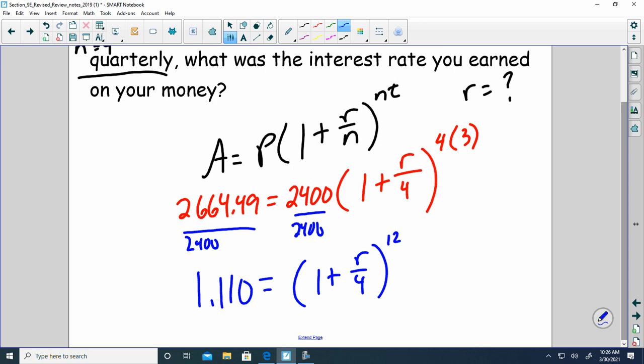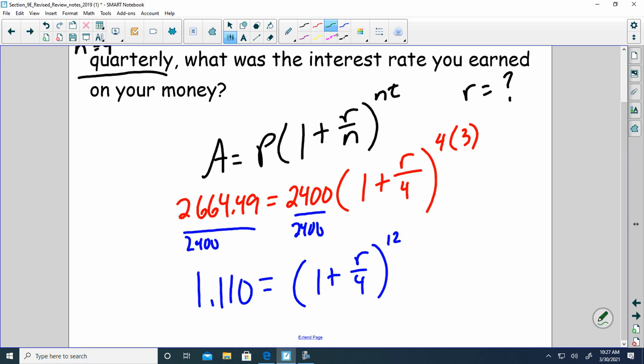Thoughts? What should we do? I have an unknown variable r in there. It's in a strange location. I have a quantity raised to the 12th power. Any idea how to solve it?